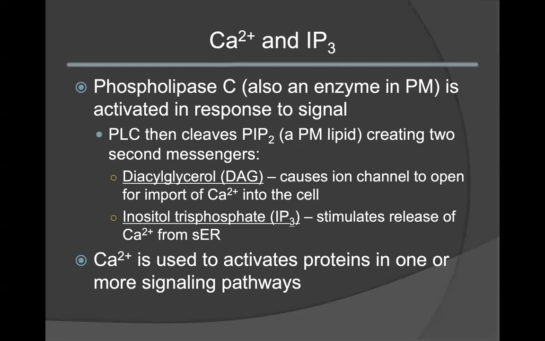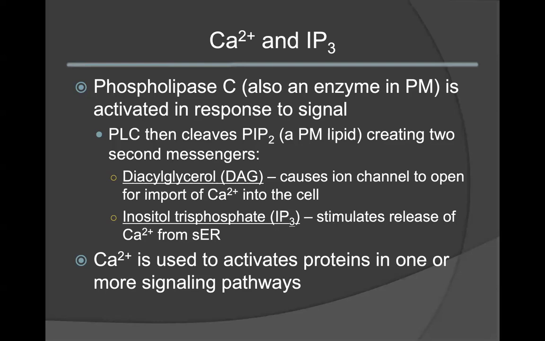We are now going to take a look at two other secondary messengers, calcium and IP3. In this type of pathway, we have the involvement of phospholipase C. Phospholipase C is also another enzyme like adenylyl cyclase that is present in the plasma membrane for these signaling pathways. It will be activated in response to a signal.